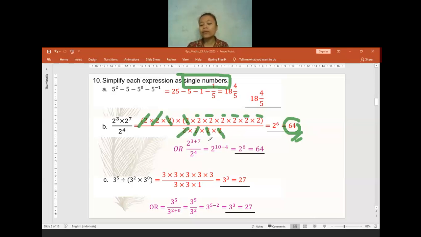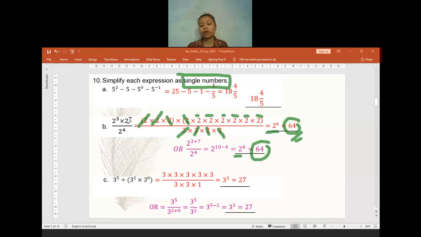When it is division using indices, we can directly subtract the powers. 10 minus 4 equals 6. The answers are the same. But when we use the rule for the indices, we take less time. Because the final answer is 64, we can just directly add the powers or subtract the powers, depending on what calculation it is.